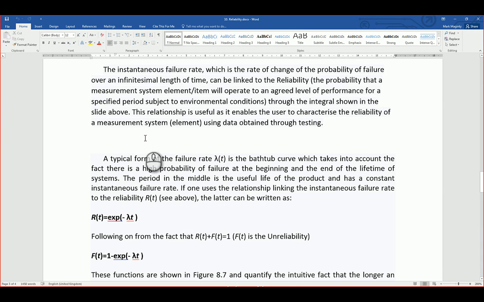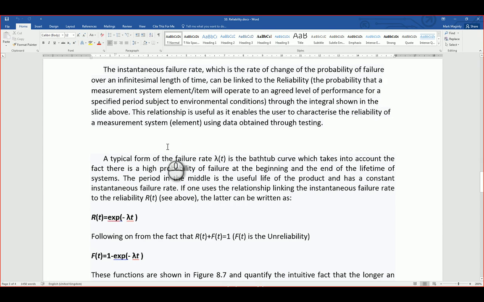Moving on down, the instantaneous failure rate, which is the rate of change of the probability of failure over an infinitesimal length of time, can be linked to the reliability, which is basically the probability that a measurement system element will operate to an agreed level of performance for a specified period subject to environmental conditions.